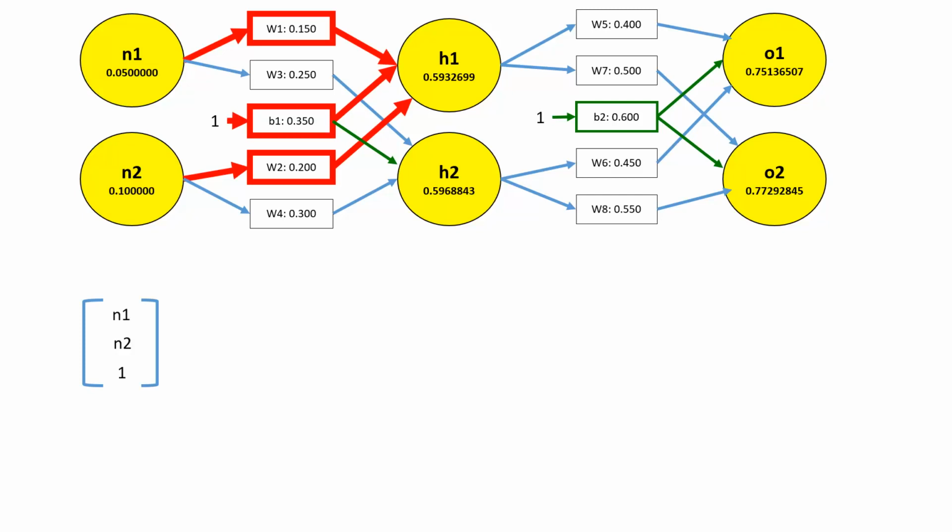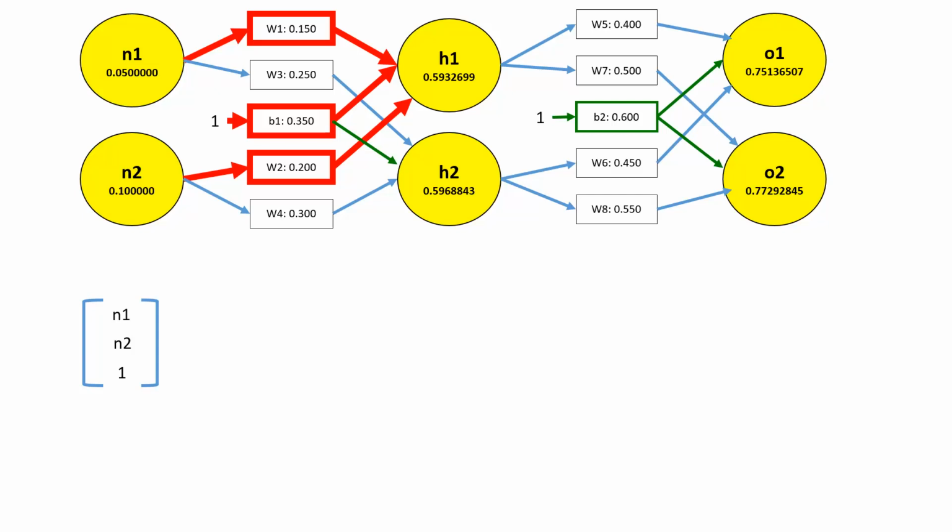To start with, let's take a look at the input values that go into H1 in the hidden layer. Via the weights highlighted in red, we can see that the input neurons N1 and N2 are used in the calculation of the value for H1. So we'll take these values and put them into a vector, a simple column vector. This vector also has a 1 at the bottom, and this is because, as well as the 2 input neurons, we also have a bias value which is added to the hidden layer.